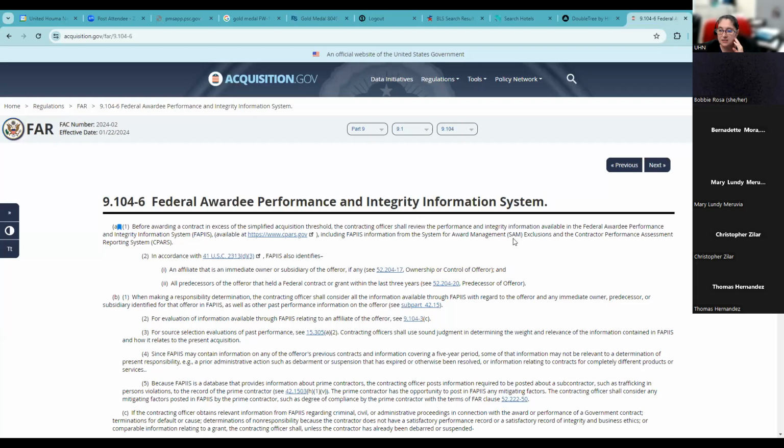And SAM's where everybody has to be registered. Your tribe, because you're receiving federal funds already, you're all good there. Exclusions and the contractor performance assessment reporting system. I would assume there is someone in every one of your organizations who already deals with this. I don't see that as something that you have to address to that extent.